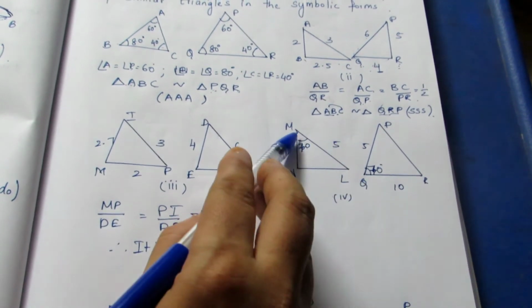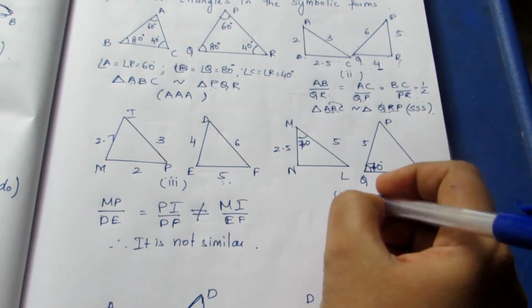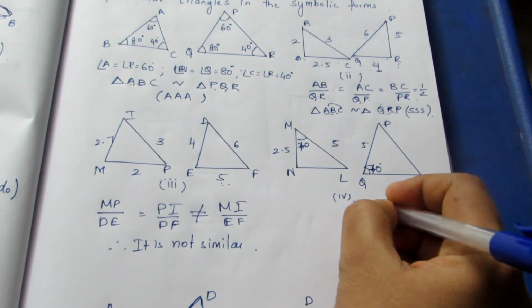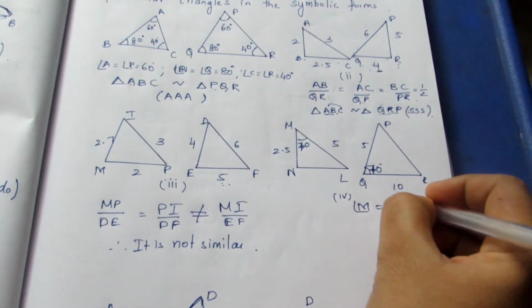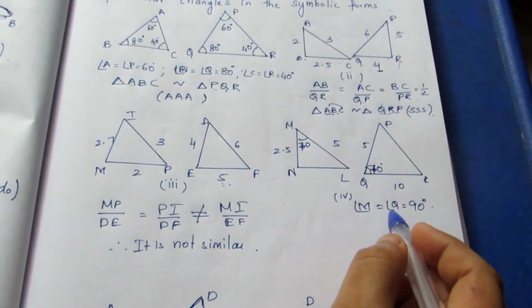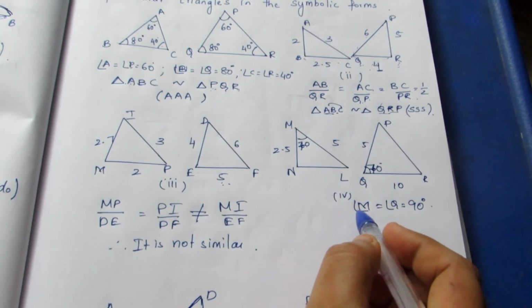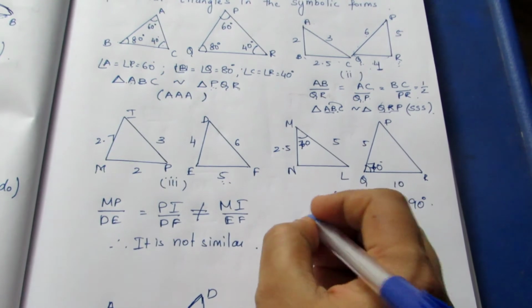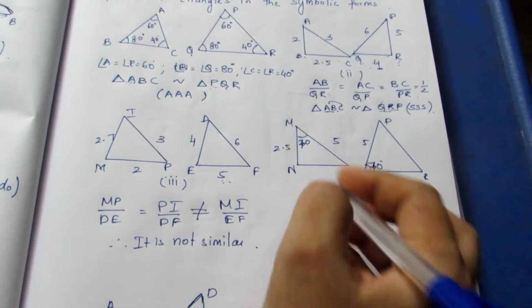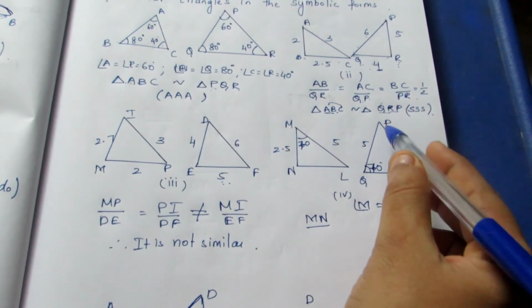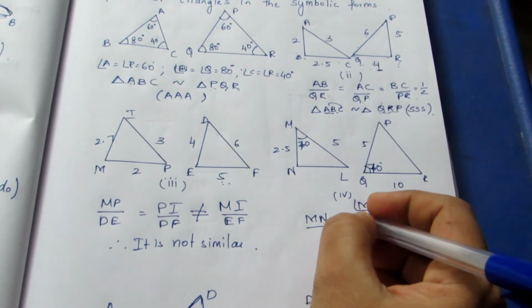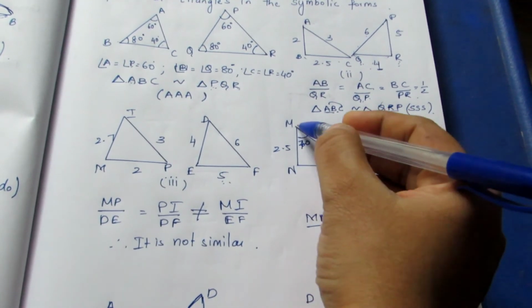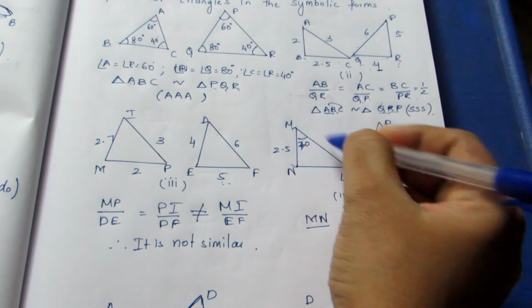Okay. Now we can tell that angle M is equal to angle Q, that is equal to 90 degree. So the first one, angle M is equal to Q. So any letter of M, you can write in the same place of Q. Now MN by PQ, or QP, is proportional.